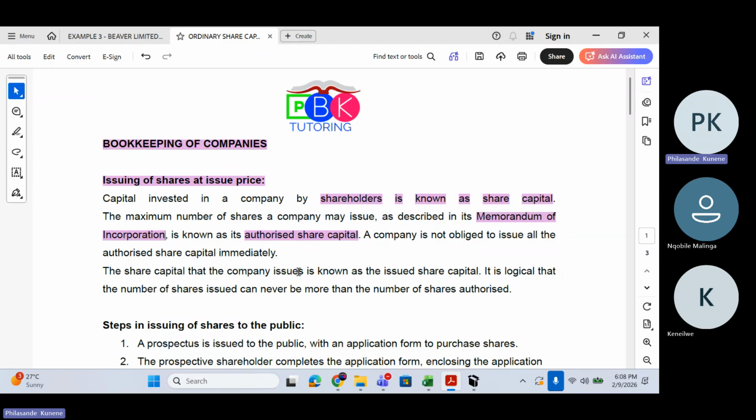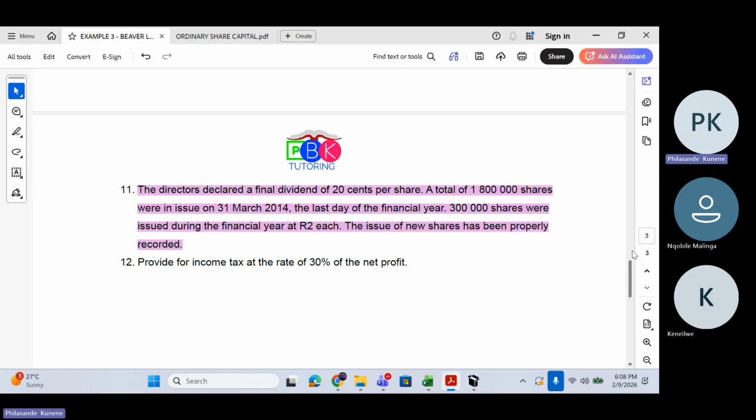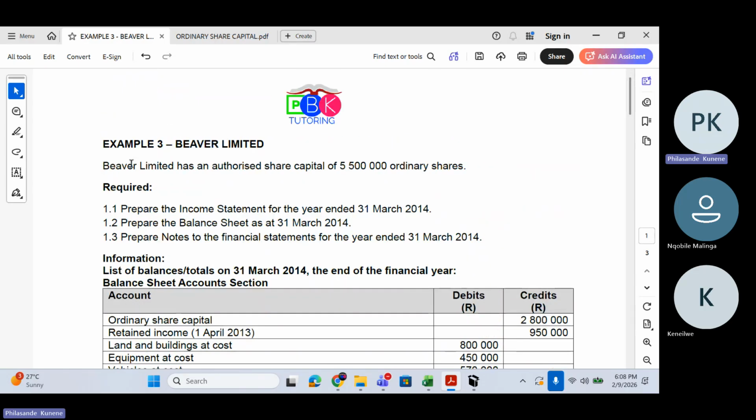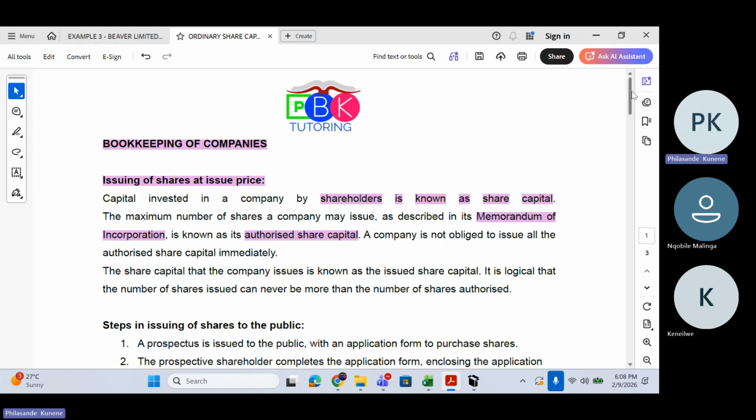It says how many shares the company is allowed to issue. As you can see in this question, they told us Beaver Limited has an authorized share capital of 5,500,000 ordinary shares. It tells us that Beaver Limited is not allowed to issue more than 5.5 million shares. They are only authorized to issue 5,500,000 shares.